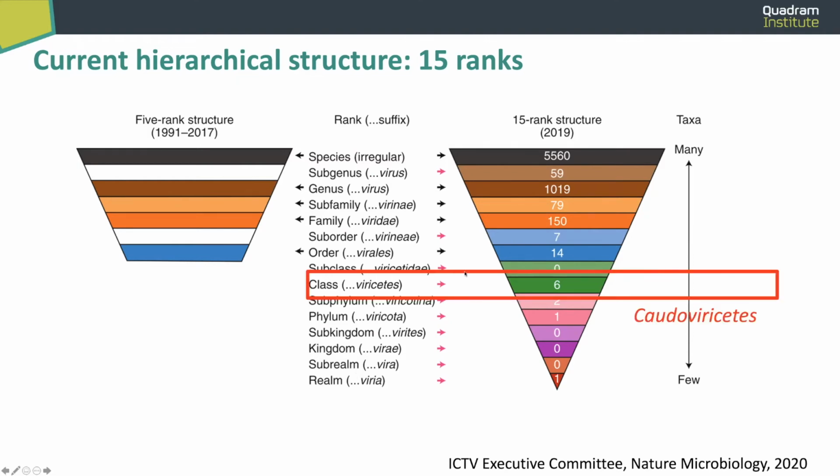If you look at this rank, the class, we now have the class Caudoviricetes. Whereas the majority of sequences are unclassified because we haven't defined a species and a genus for them, that doesn't mean they don't have a place to live. All of the tailed phages can be placed here in the class Caudoviricetes. So that is not too bad. At least you have something to fill in the organism field in your GenBank record.